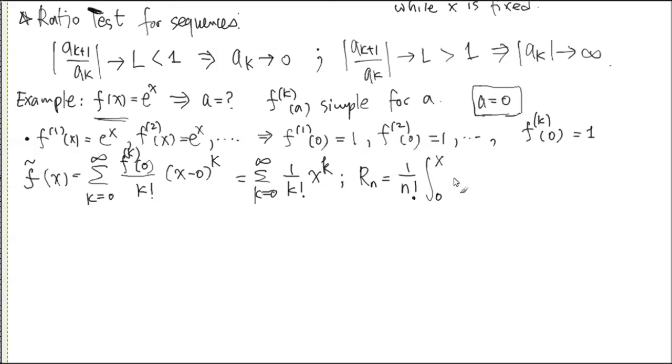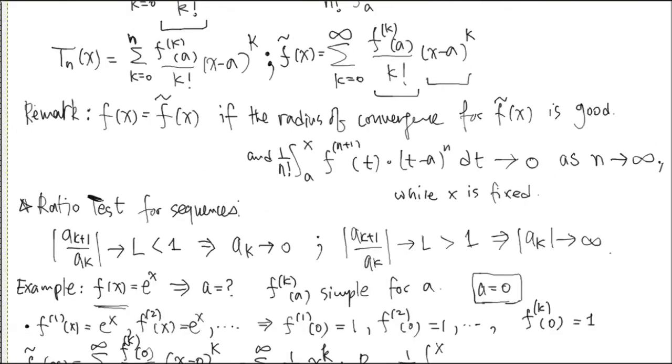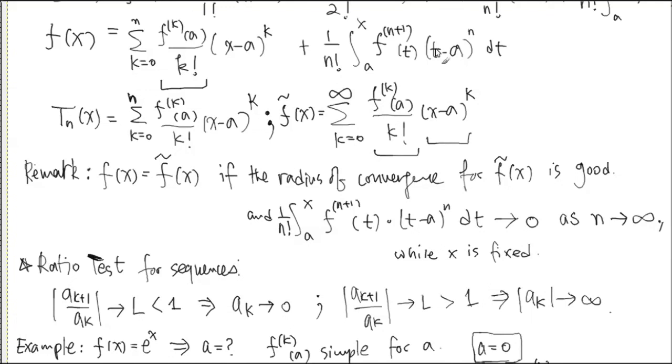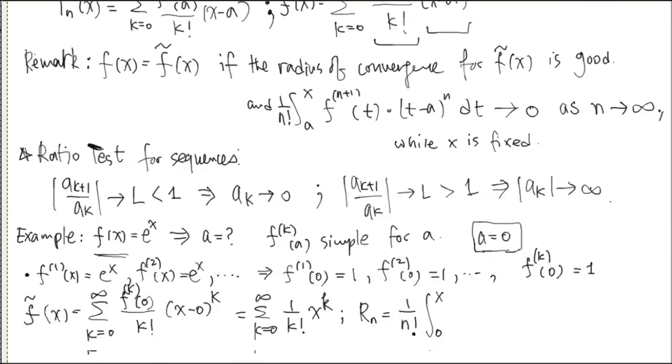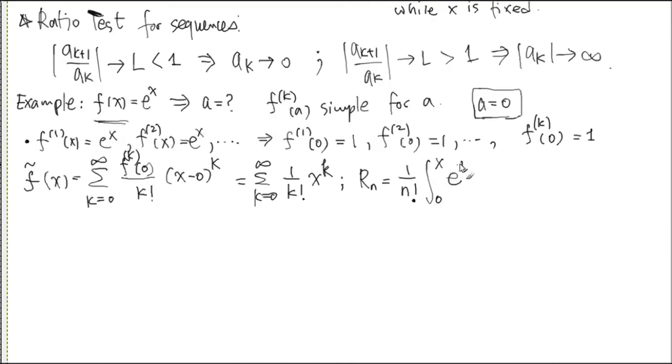Let me show you again. Here is the shape of the remainder part. n factorial down there, the n plus 1 derivative. What is the n plus 1 derivative here? It's e to the t, right? Next part is t minus 0, so it's going to be t raised to the nth power, dt.